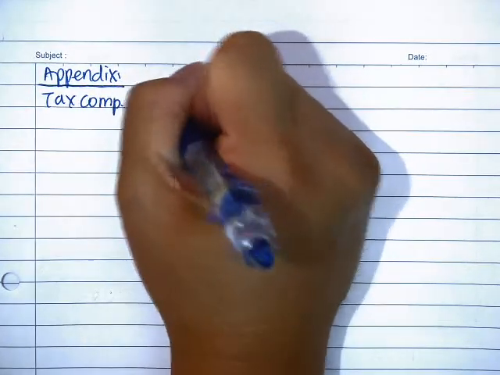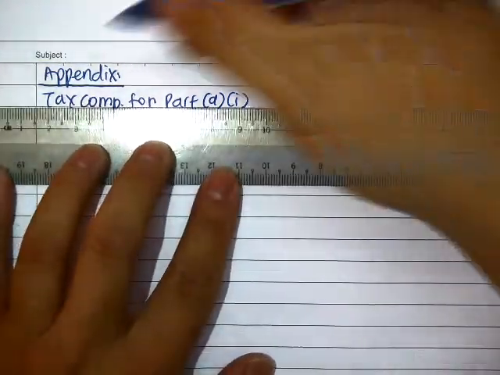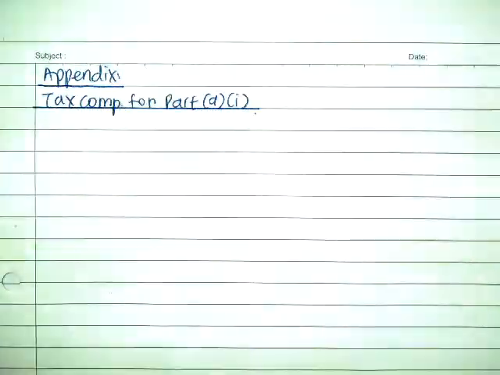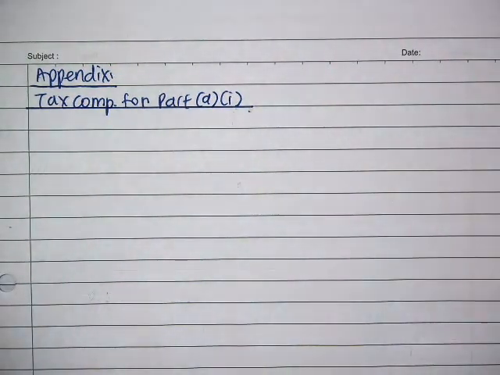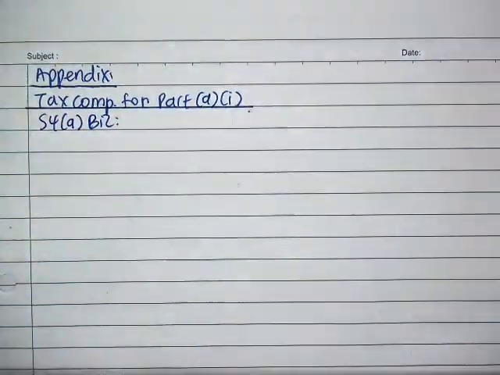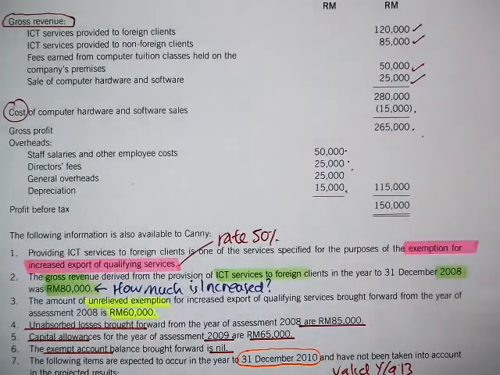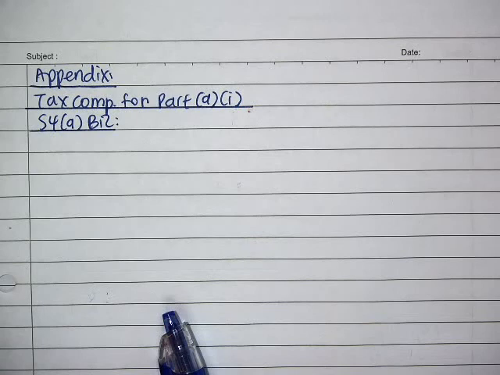So tax computation for part A1. You try for me. You've got all the numbers here. So you're going to start a tax computation. Start filling in the numbers.